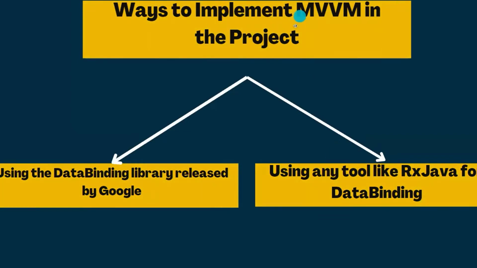So for those of you who joined a bit late, let me just briefly introduce you to this concept of MVVM that we have started in today's lecture. MVVM stands for Model View ViewModel. The basic purpose of MVVM architecture is to divide the various layers of our application into three parts: model, view, and the view model.